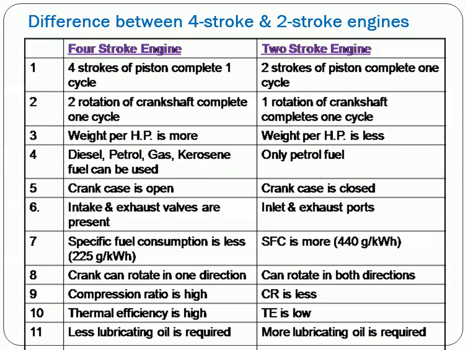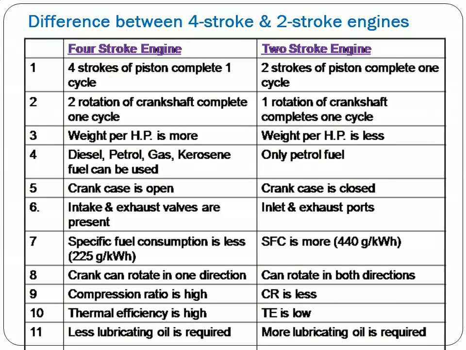The seventh difference is that the specific fuel consumption is quite less, around 225 grams per kilowatt hour in case of four-stroke engine, whereas SFC is higher in two-stroke engine and is around 440 grams per kilowatt hour.